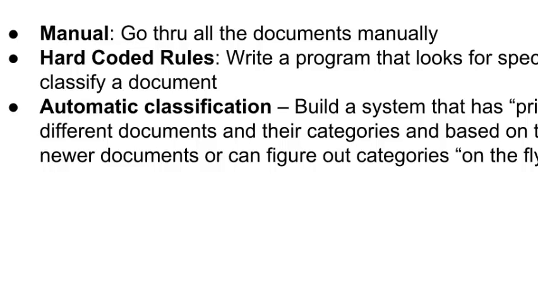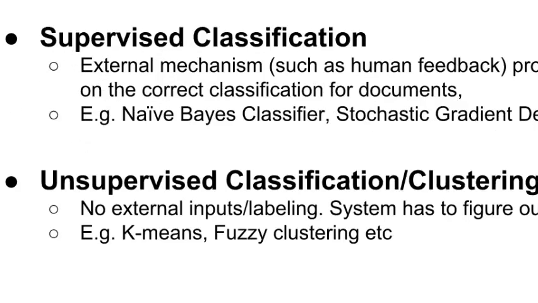Therefore, we resort to automatic classification, where we'll build a system which has prior knowledge of different documents, and then we hope that when new data comes, the system will be able to predict accurately what category the document belongs to. The two kinds of classification, broadly speaking: one is supervised classification, in which we build the model based on prior knowledge of categories on existing documents.